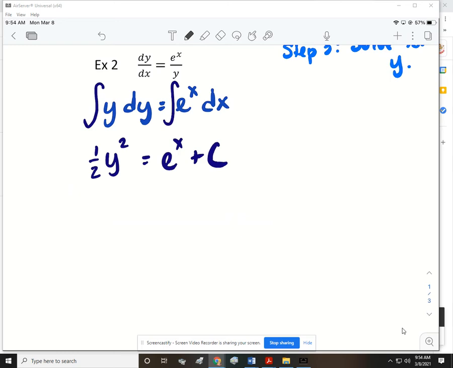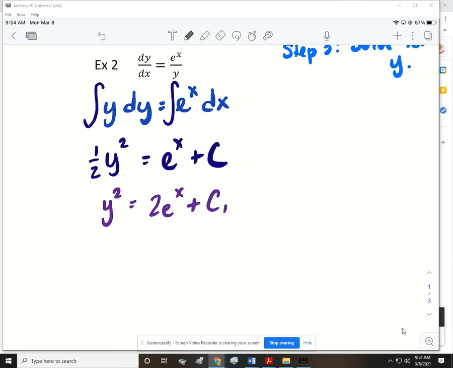Okay, so now I am going to multiply by that 2. Now, when I multiply that c by 2, it's still going to be a constant, but it's going to be a different constant.